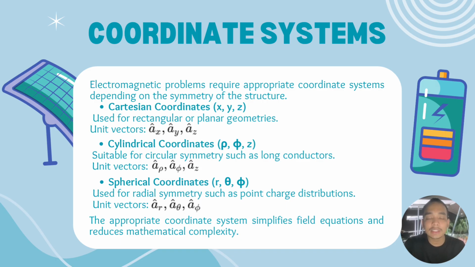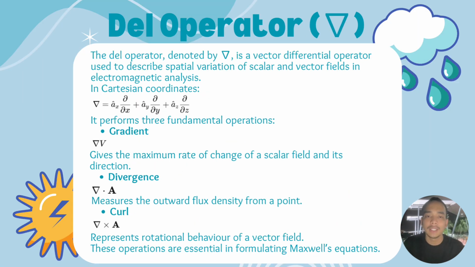In spherical coordinates, the variables are r, theta, and phi. Choosing the appropriate coordinate system simplifies mathematical evaluations of electromagnetic fields.